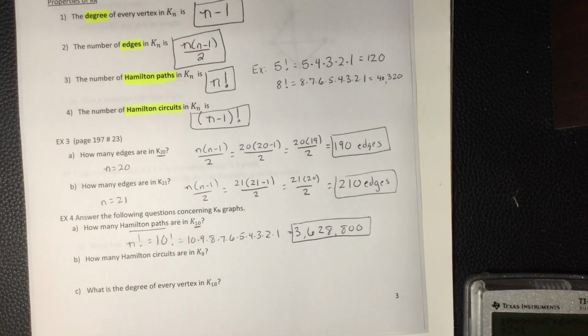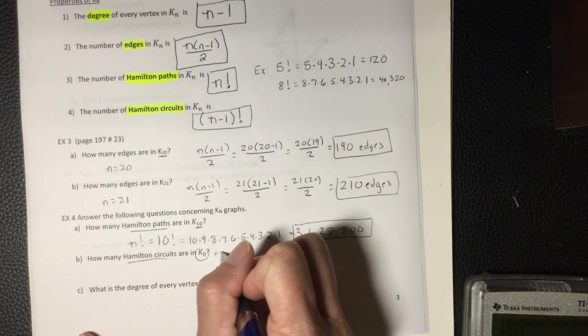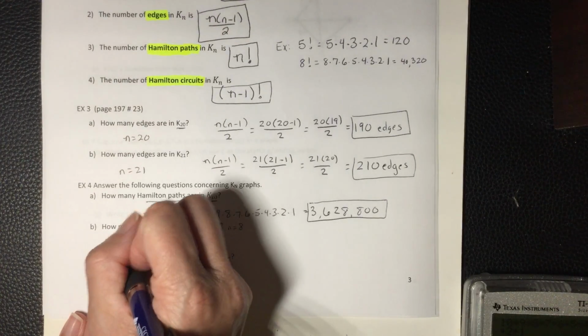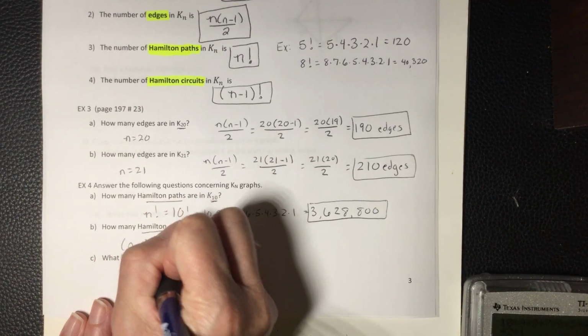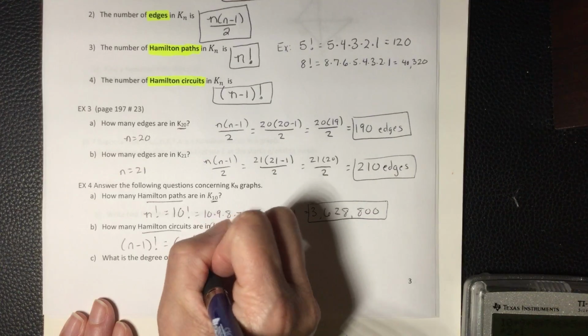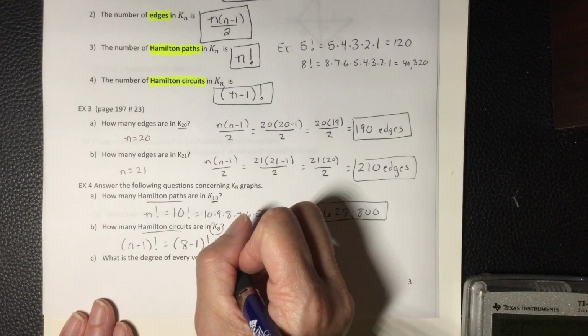Okay, Hamilton circuits. This time we're looking at K8, so n is 8. So for Hamilton circuits, remember the formula is n minus 1 factorial. So remember n is 8, so 8 minus 1 factorial. You do your parentheses first.